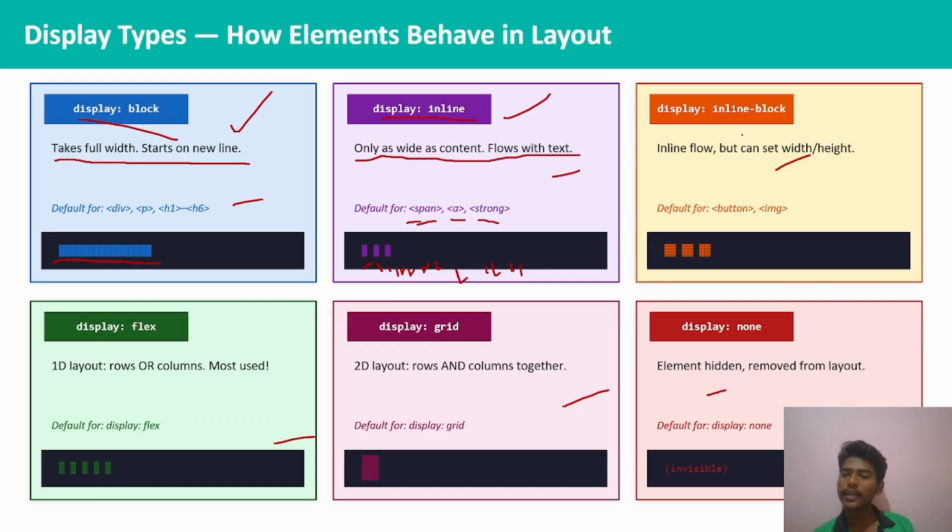Next, display inline-block: inline flow, but you can set width and height. What do I say here? First it will block the whole line.